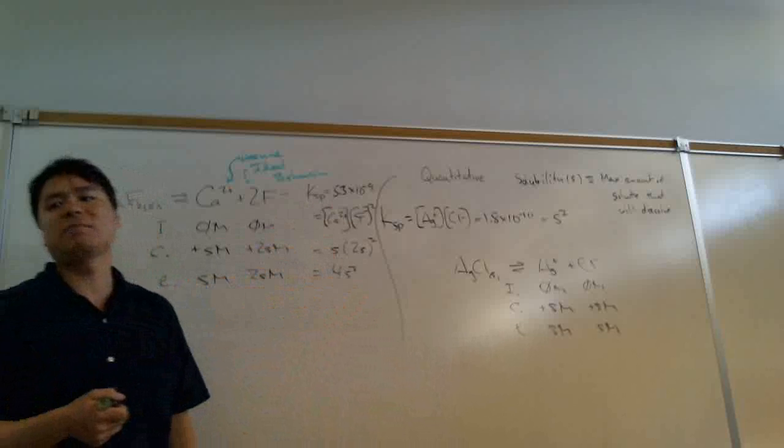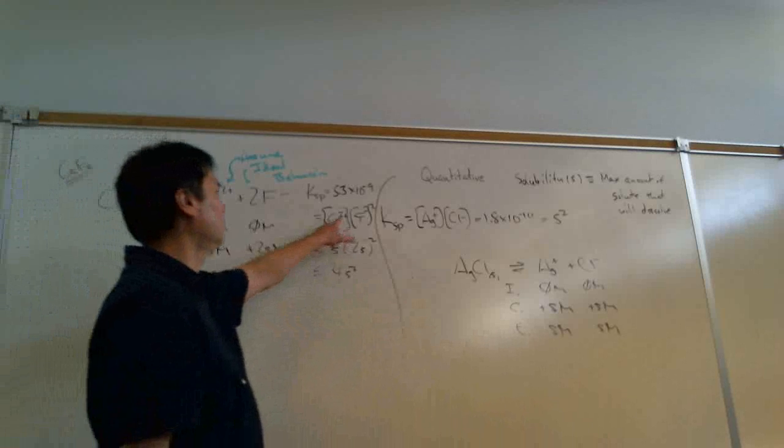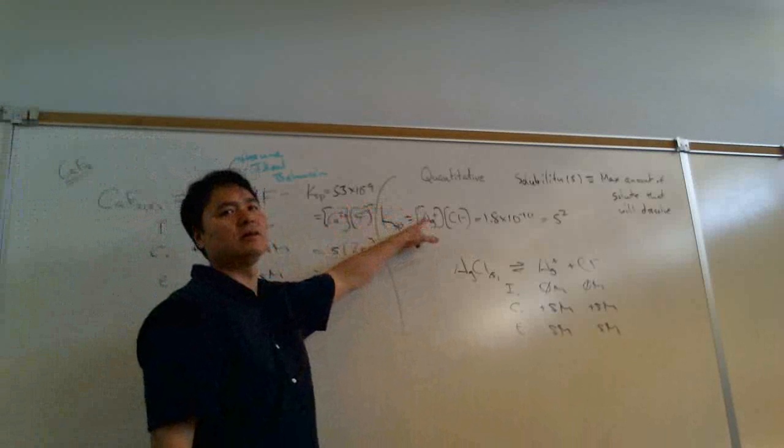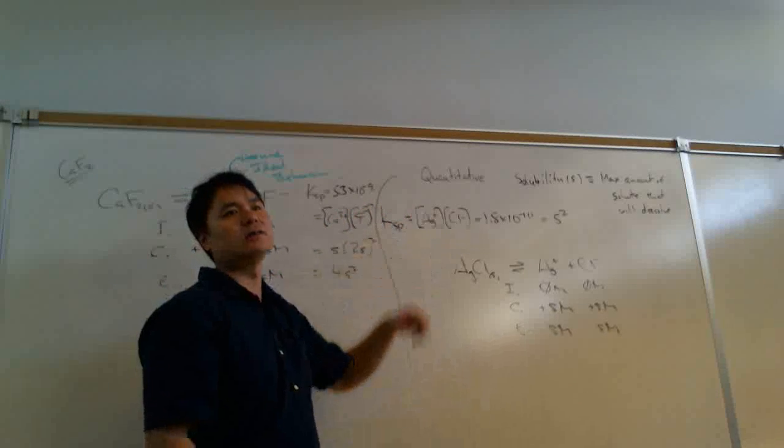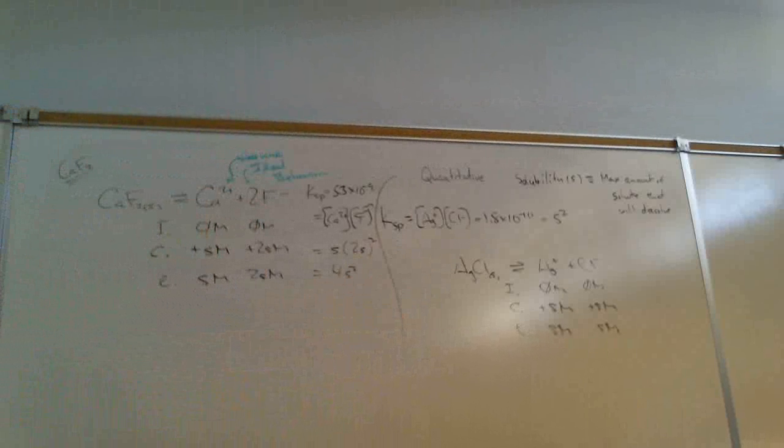What happens in this particular chapter is sometimes these comparisons are difficult because of the different exponents, and you can be fooled into thinking something's more soluble when in fact it's actually less soluble.